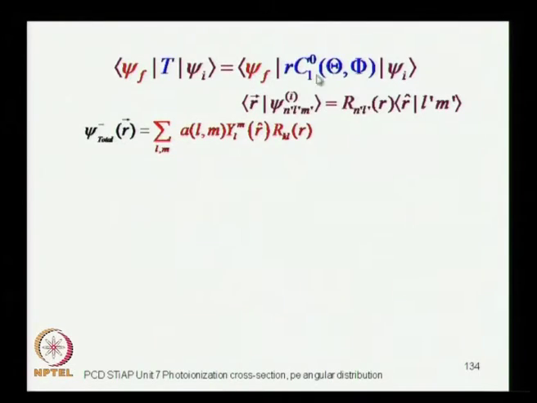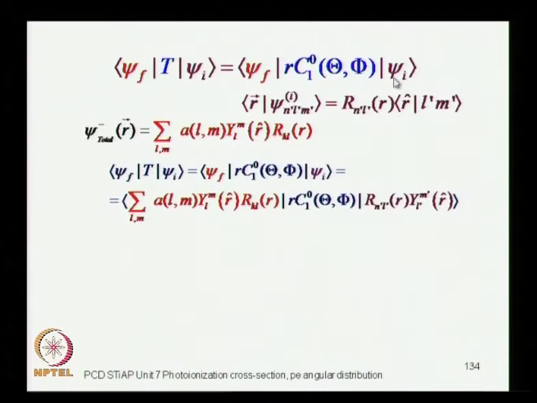So, now you plug in this matrix element, sandwich it between the final state and the initial state. So, this is the final state, this is the initial state, you have a summation over L and m, and what is this? This is a space integral.